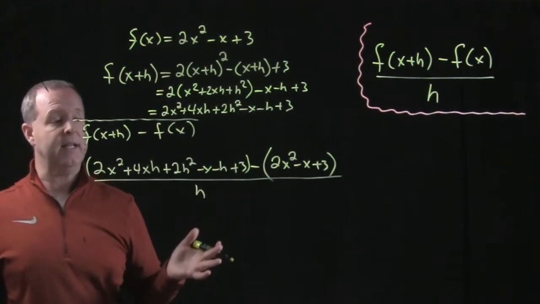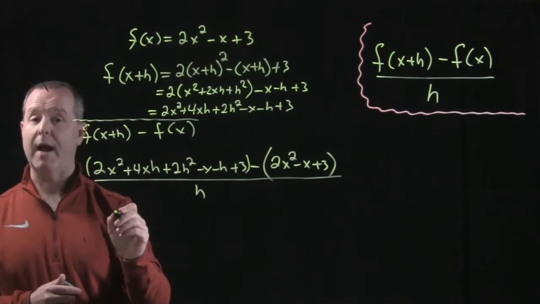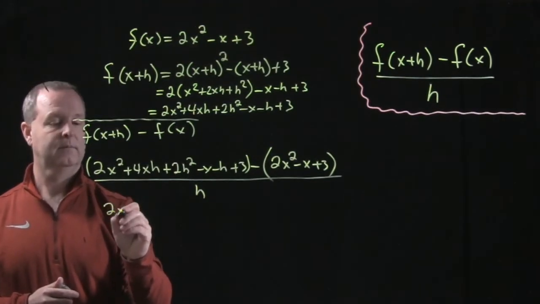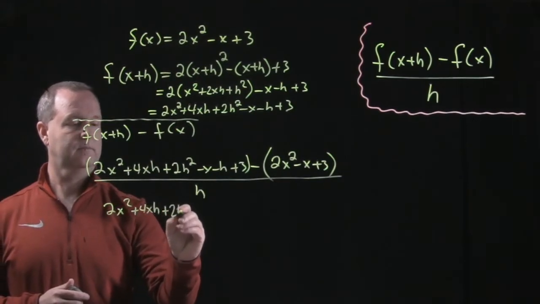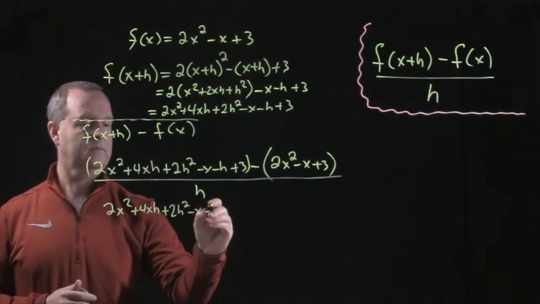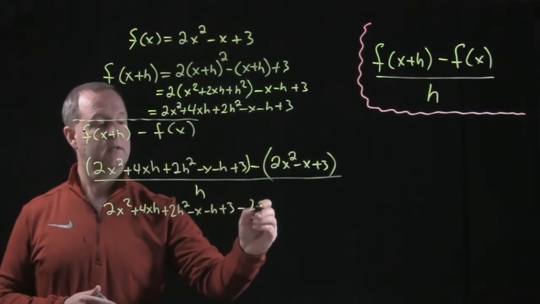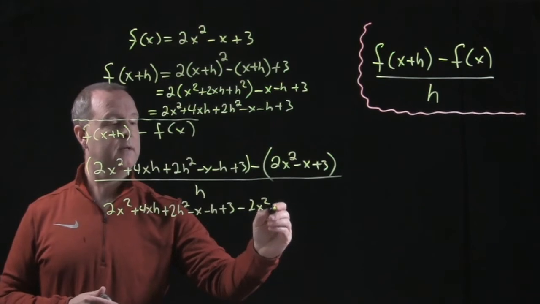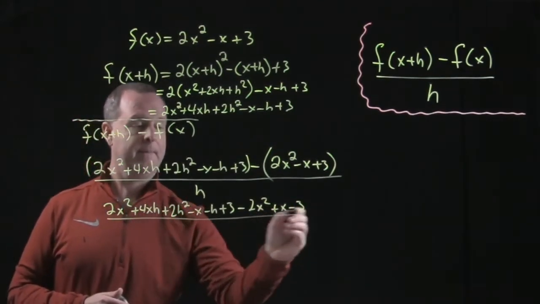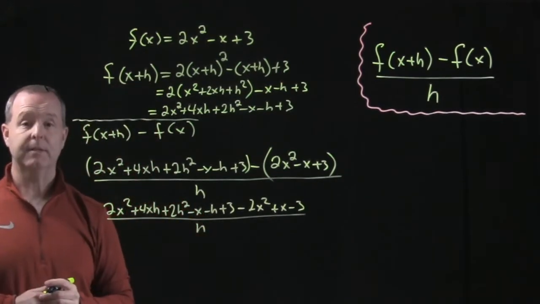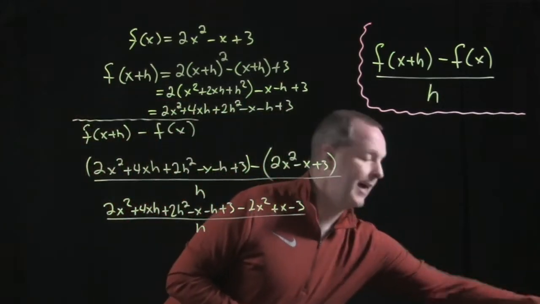Now it's just as simple as cleaning it on up and looking for things to disappear, I hope. So let's, again, write it all the way out. Have to write out because now I want to distribute the negative. Makes that a positive x, makes that a negative 3. All divided by h. From there, do you see anything that cancels out? I do.